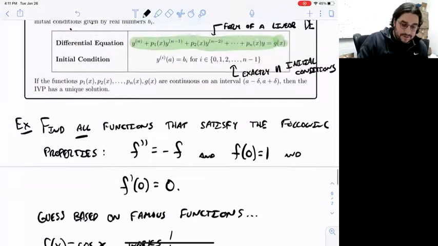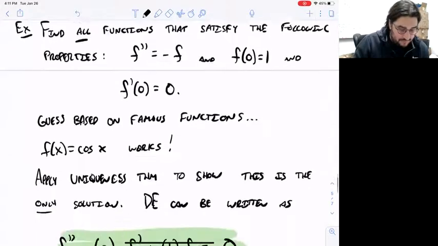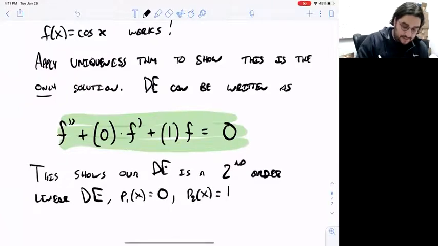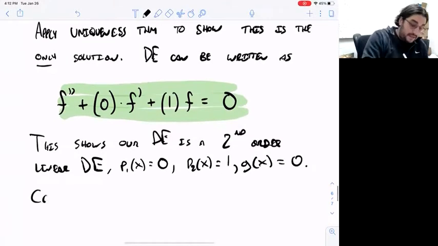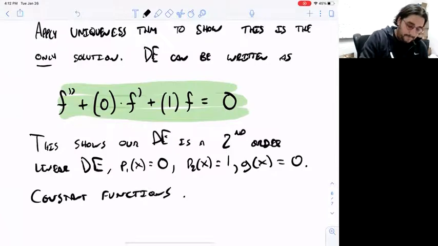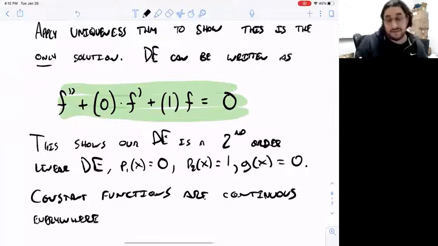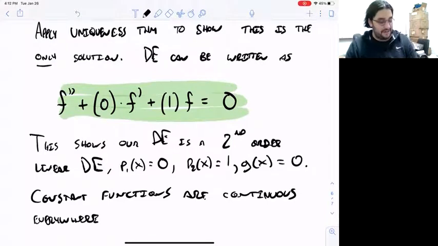And what are the coefficient functions? P1 of x is the constant function 0. P2 of x is the constant function 1, and g of x, the right-hand side, is the constant function 0. Constant functions are continuous everywhere. In particular, they're continuous on an interval containing our initial condition.